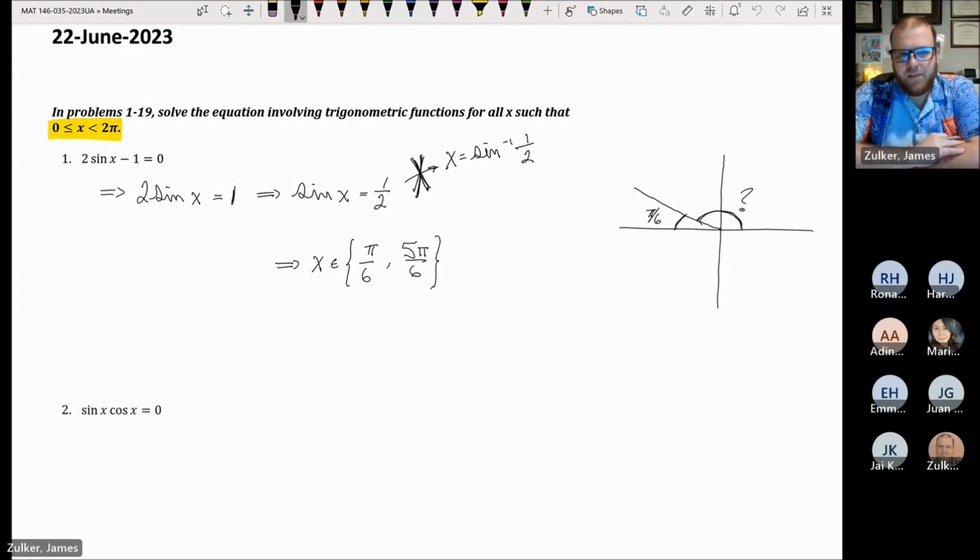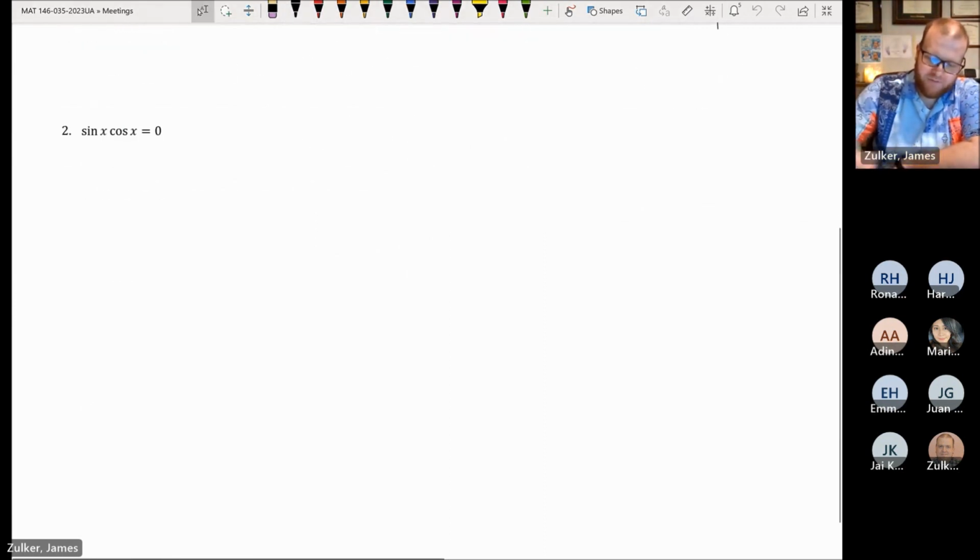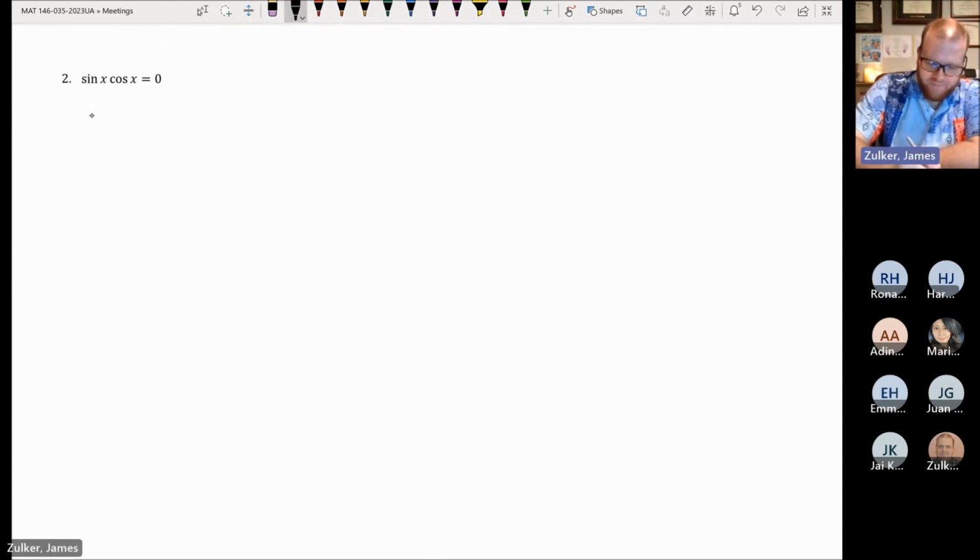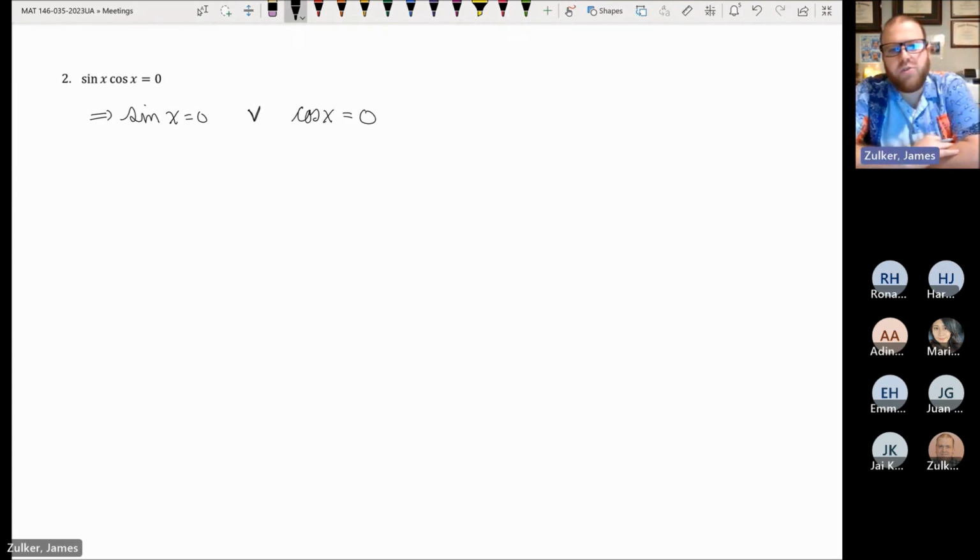Right? Sine of x times cosine of x equals 0. Well, zero product property: sine of x is equal to 0 or cosine of x is equal to 0.